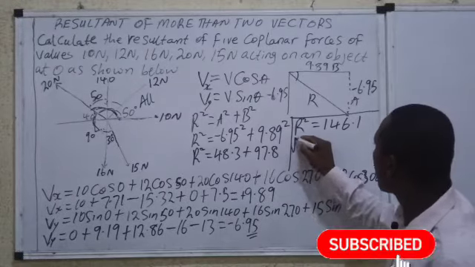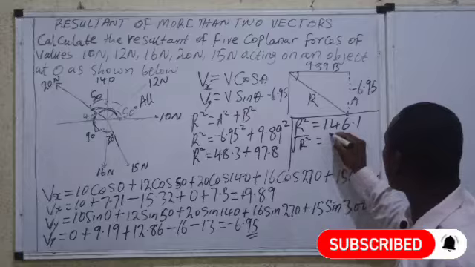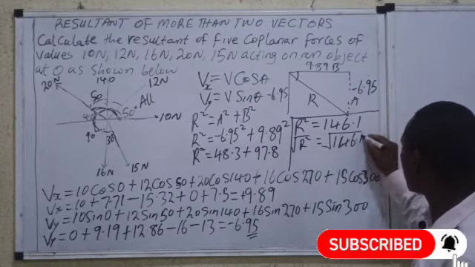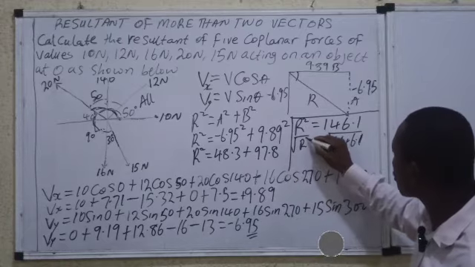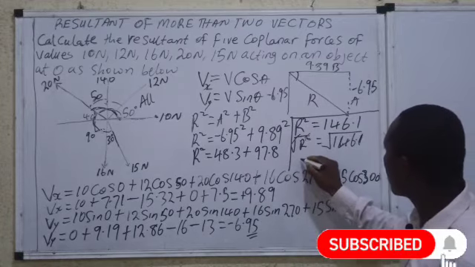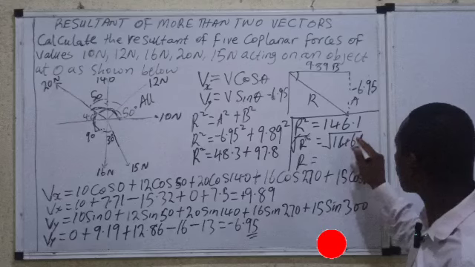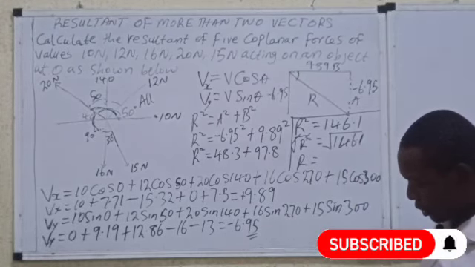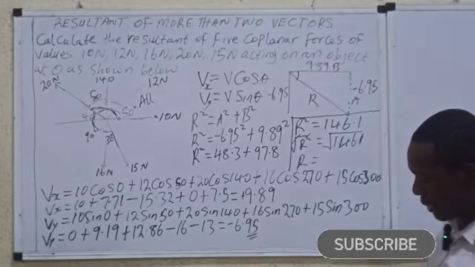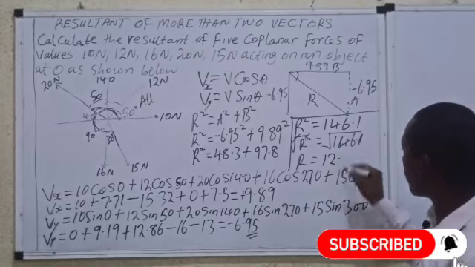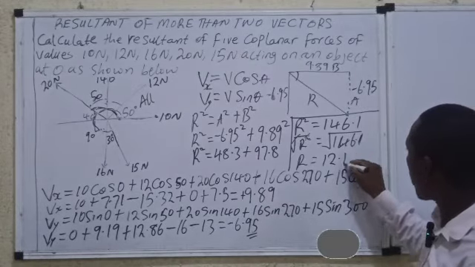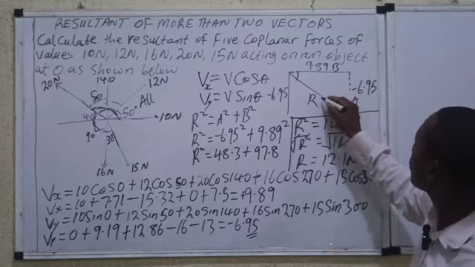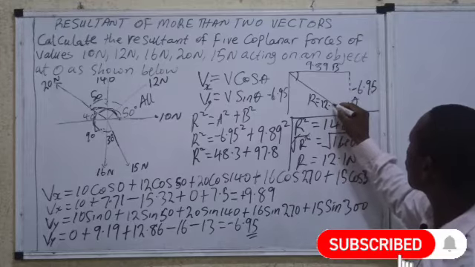So the square will cancel out. Now we have R is equal to the square root of 146.1. What will be our answer? The answer is approximately 12.1 Newton. So the resultant here is actually 12.1.